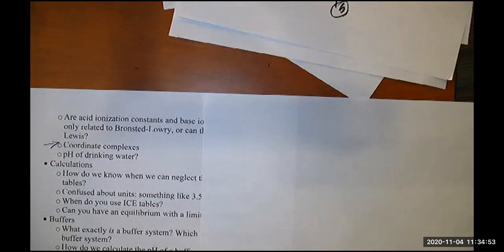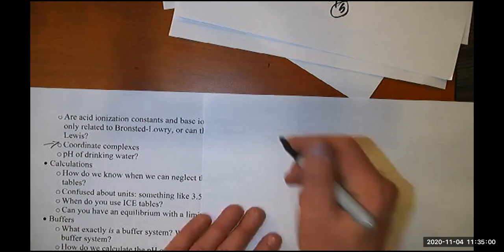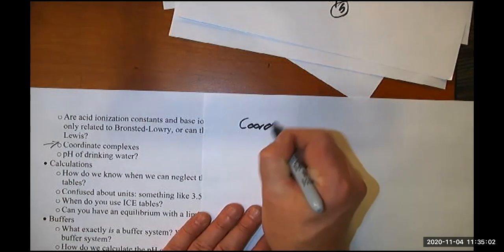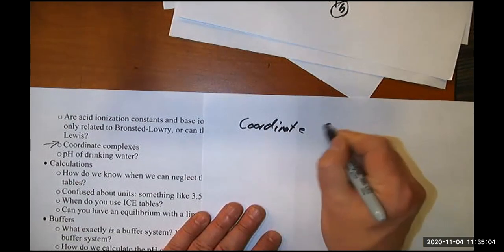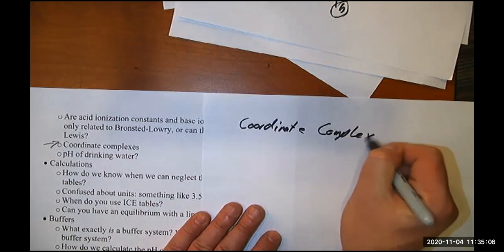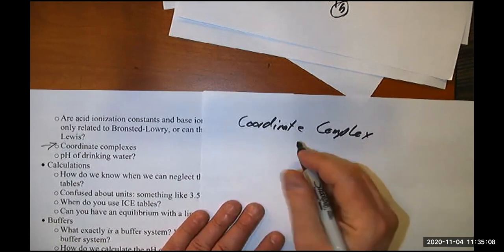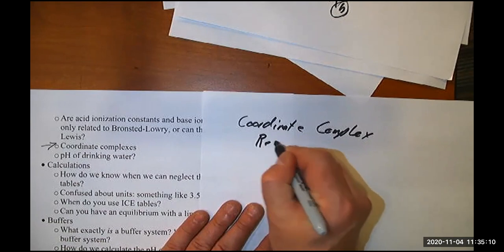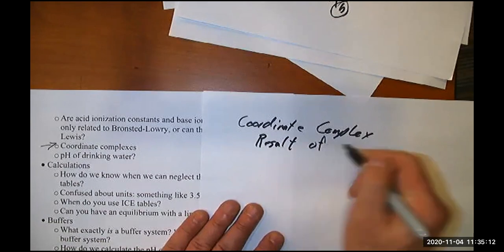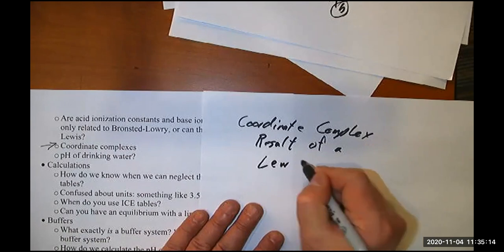The first one that I came across when I was preparing for this class was that a coordinate complex is the result of a Lewis acid-base reaction.